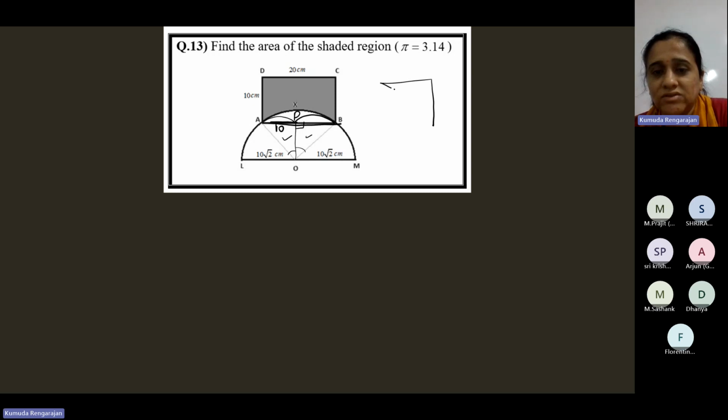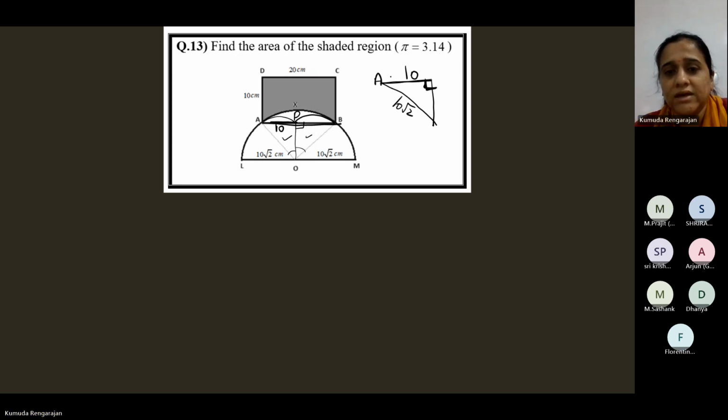Right triangle, because this is 90, children. This one is 90 by construction. Not the sector angle is 90. And now by CPCT, we got this one is 10. We already know this is 10 root 2.